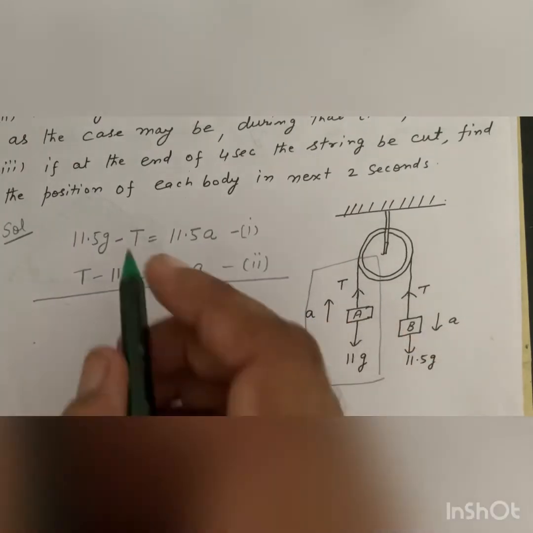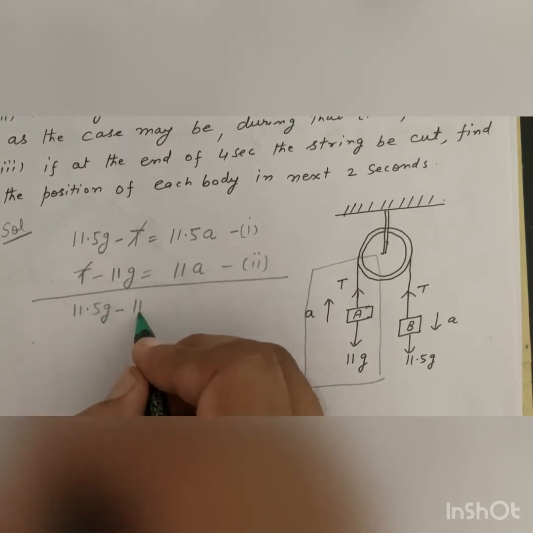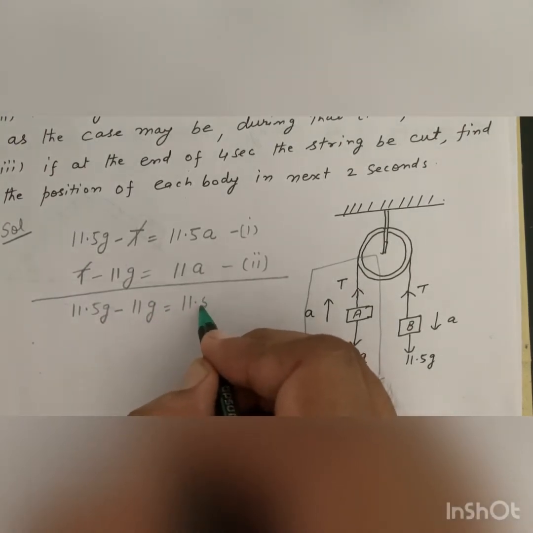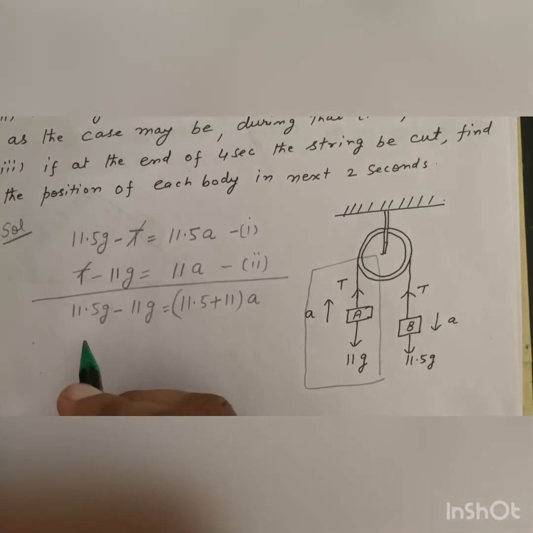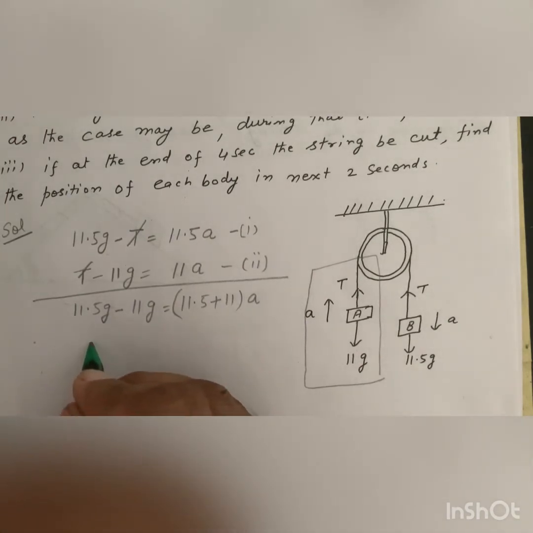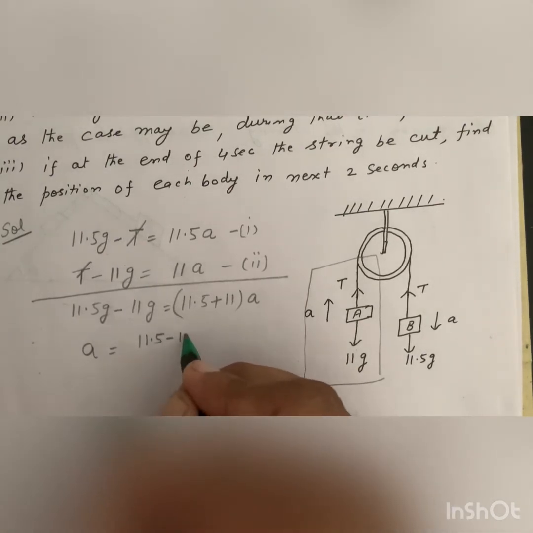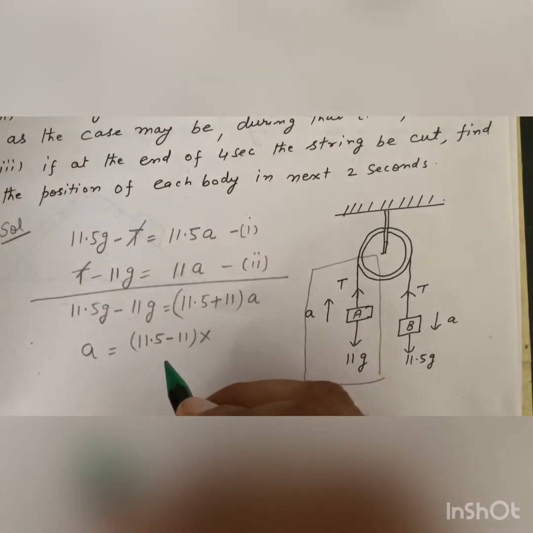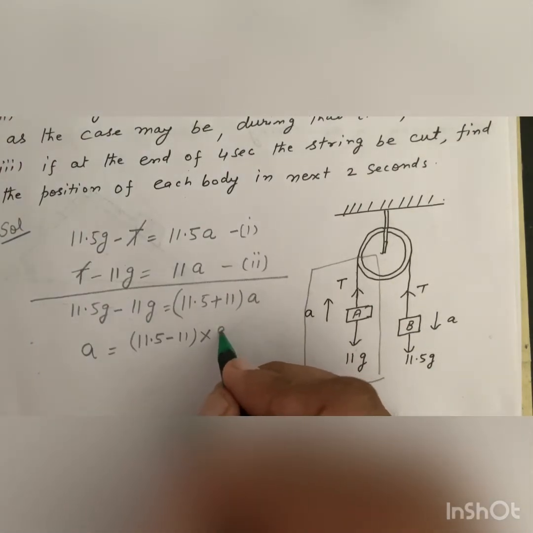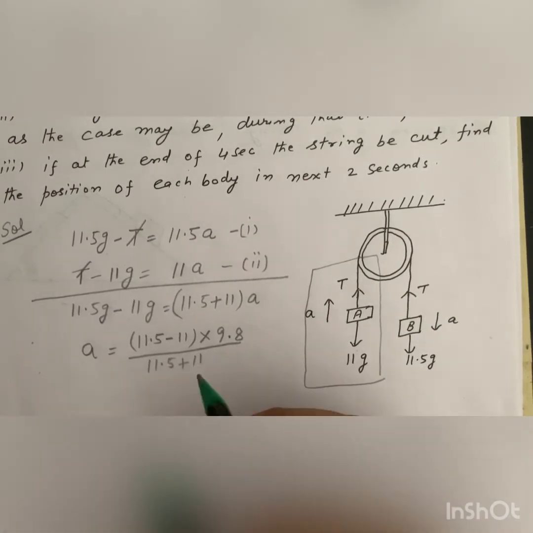Adding first and second, this T cancels, so we have 11.5 G minus 11 G equal to (11.5 plus 11) A, or the value of acceleration A equals (11.5 minus 11), and the value of G is given, that is 9.8, over (11.5 plus 11).